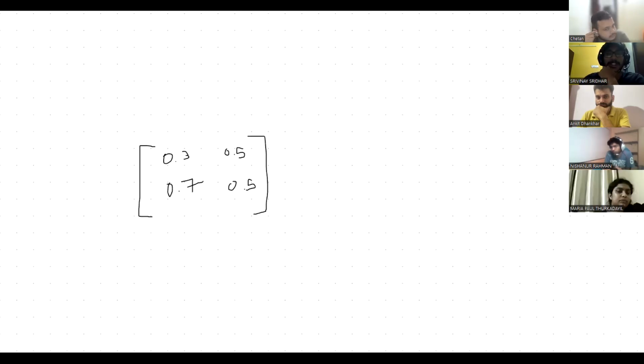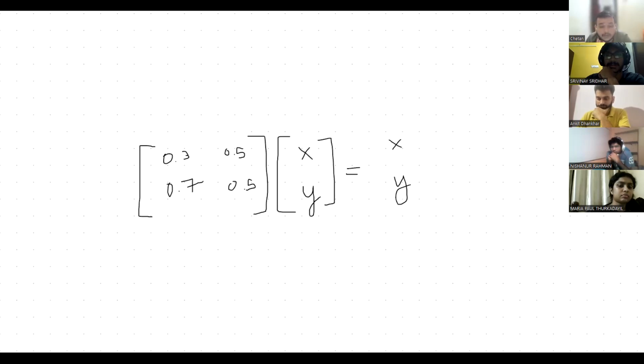What is happening at the end is that I'm repeatedly applying this function on some input. For this matrix, at some point after many iterations, the input and output become similar.